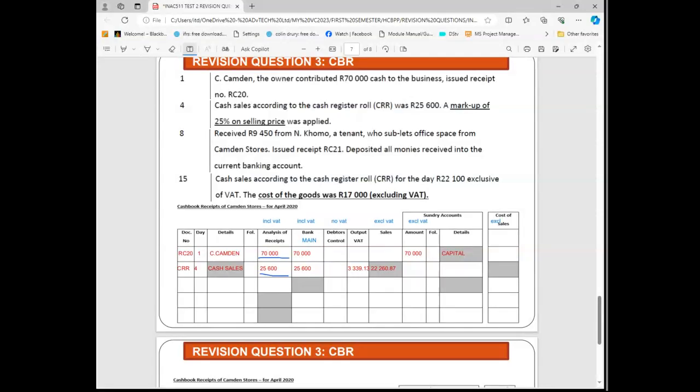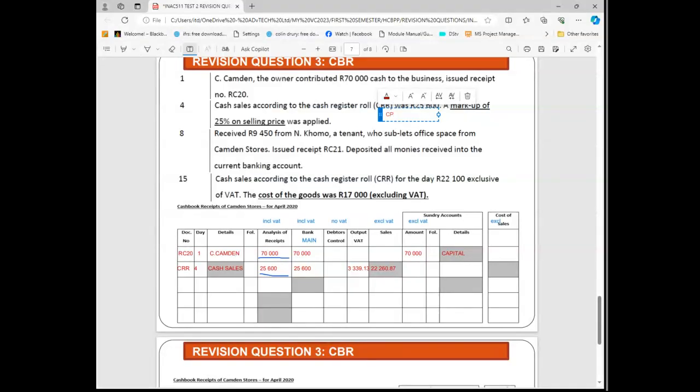Now we need to go and check because there's a markup there. How much? 25% on selling price. Please let's analyze this markup. Remind me, how much is CP? CP is 100?